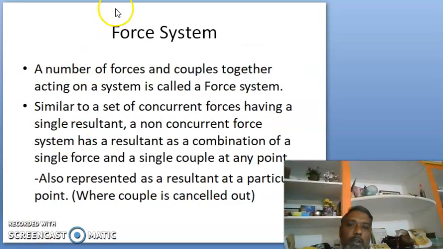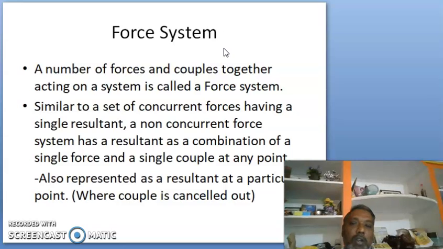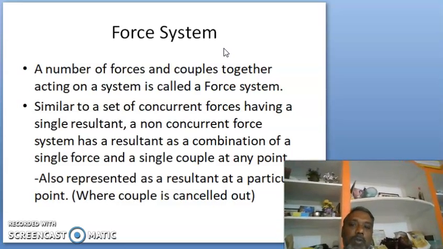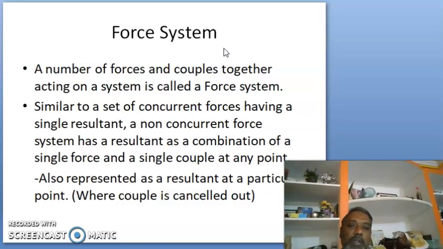So next we see what is a force system. A force system is essentially a system which is available on rigid bodies, for which we have to solve and study. A number of forces and couples acting together on a system is called a force system. Actually, on particles, a set of forces can be called a force system, but here we have both forces and couples.